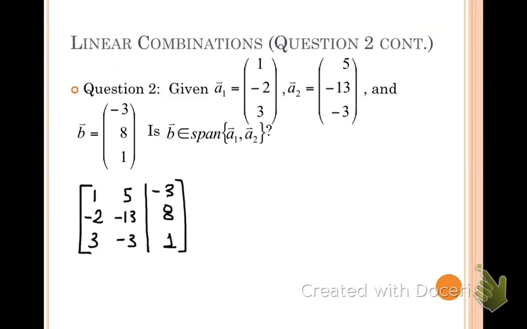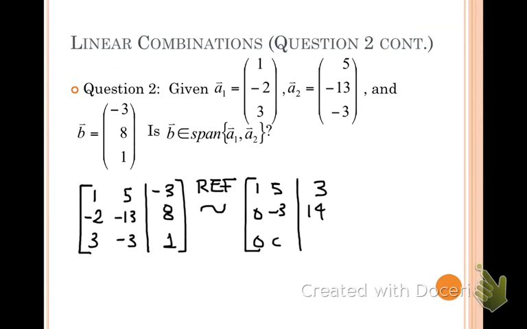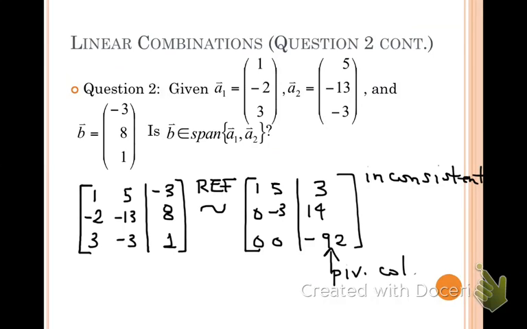The augmented matrix for the linear system is given here, and if we then put this into row echelon form, we get the following result. 1, 5, 3 is the first row, 0, -3, 14 is the second row, and 0, 0, -92 is the third row.